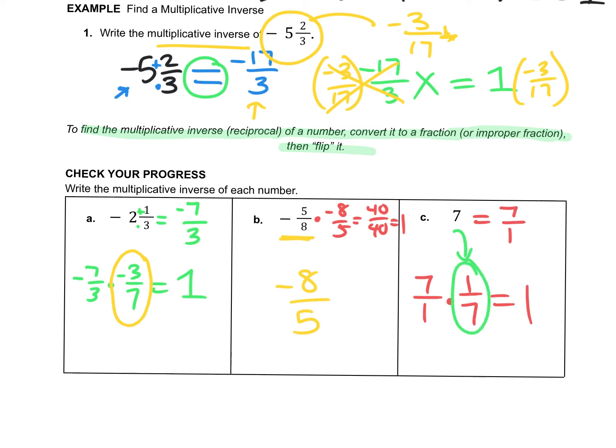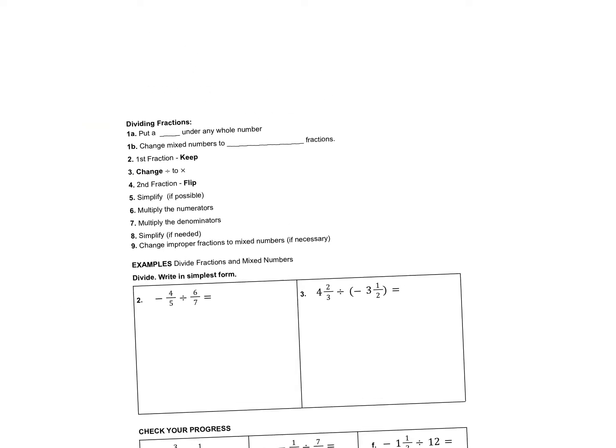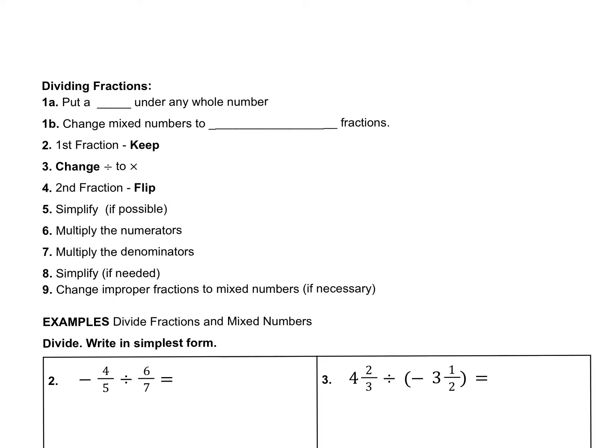All of this is needed to help us divide fractions. So let's get to it. Here are some steps, and steps are great if we're just stuck, but we want to make sure it makes sense more importantly. So dividing fractions is a lot like multiplying, except multiplying by the reciprocal. So think about, before we even start, if I have a number and I divide by 2, I know 10 divided by 2 is 5.